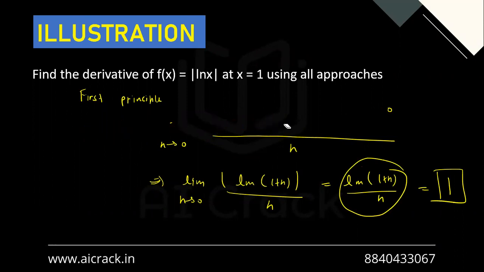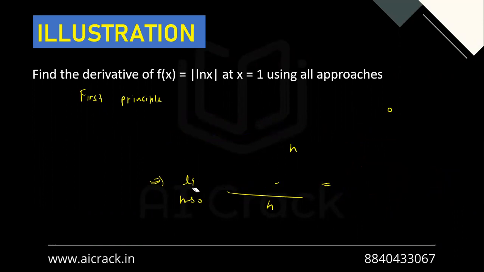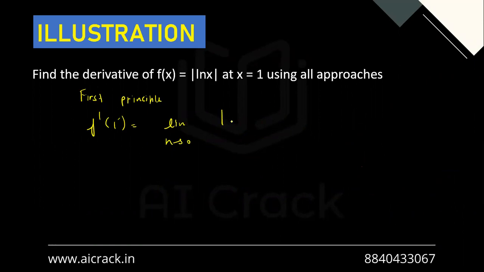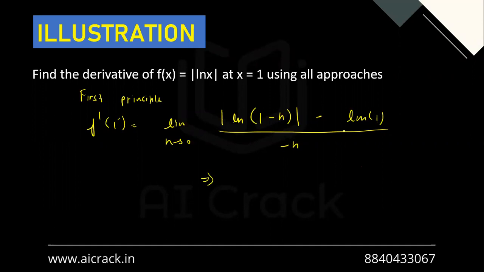Now let's talk about f dash 1 minus. That would be limit h approaches 0, mod of ln(1 minus h) minus ln 1, divided by minus h. Now we know that ln 1 is 0, and what is ln(1 minus h)?